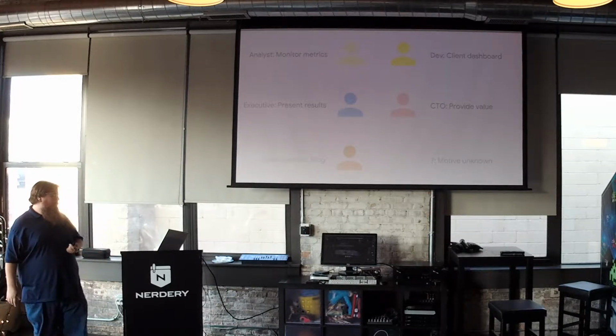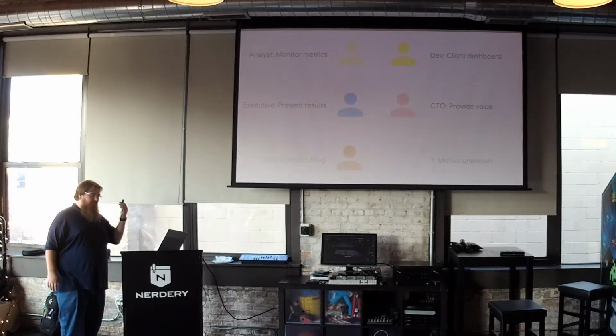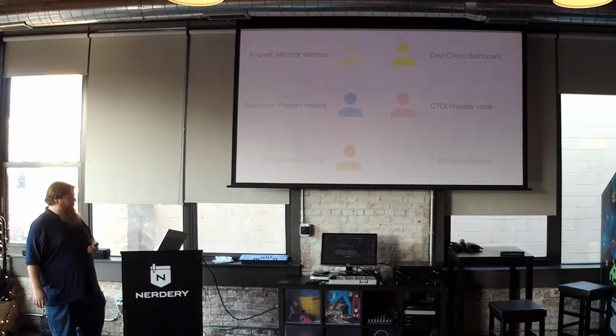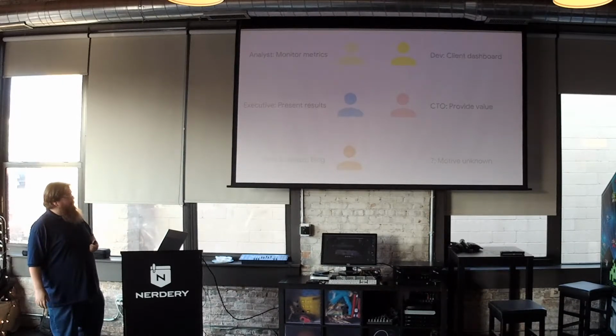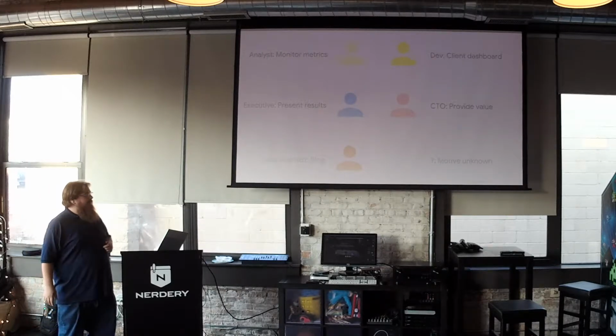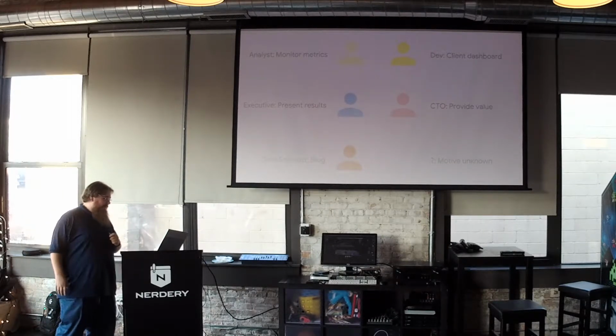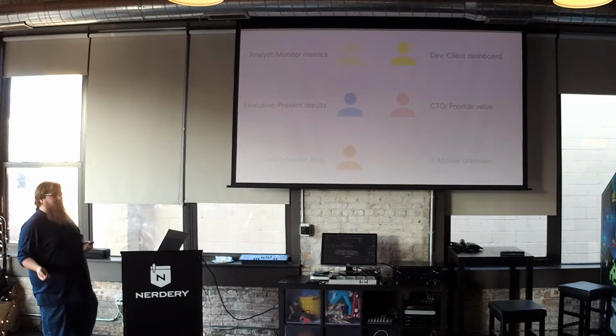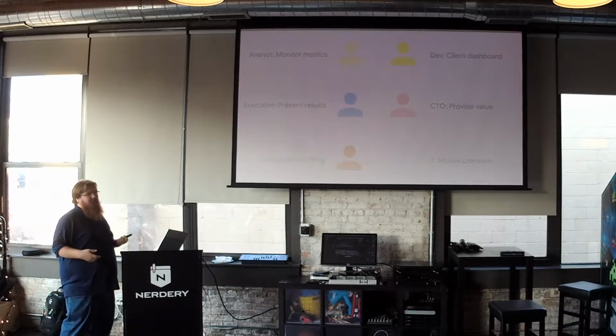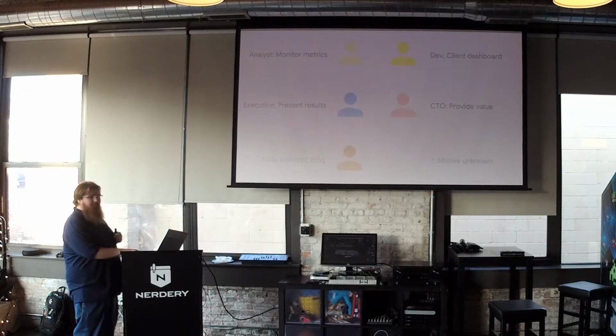The CTO of a business, the pink one, can provide additional value to customers. And the white one, which apparently he didn't really finish that slide, he put as a developer that wants to monetize, because you can build your own connectors to connect to different services, and you can actually charge money for them. So look out for that when you're looking for connectors, because some are free, some aren't.